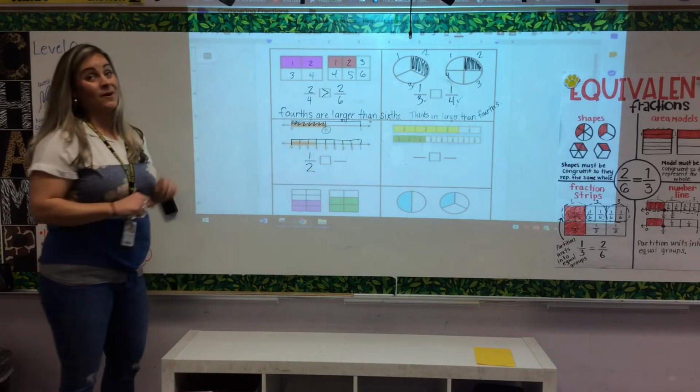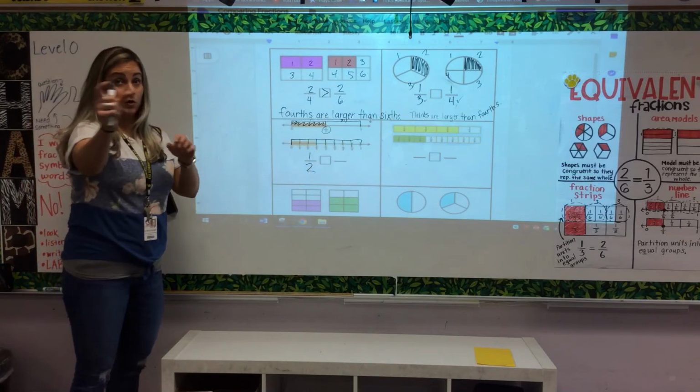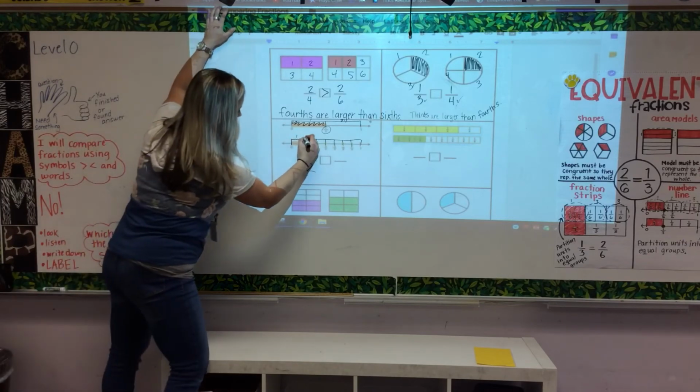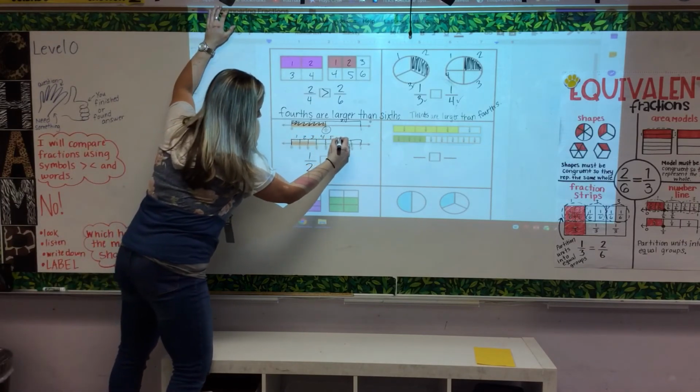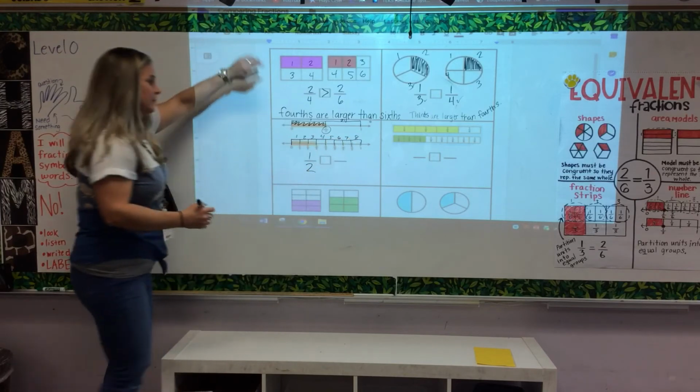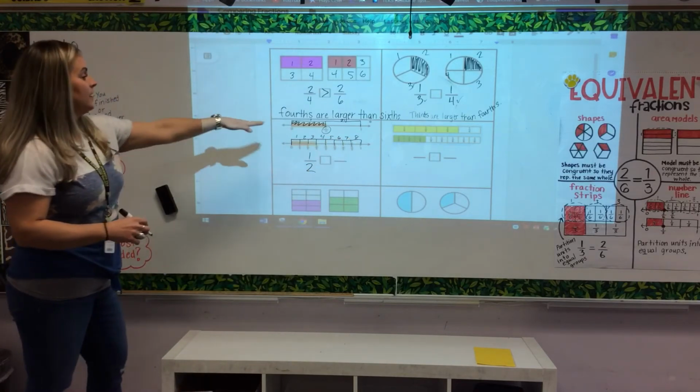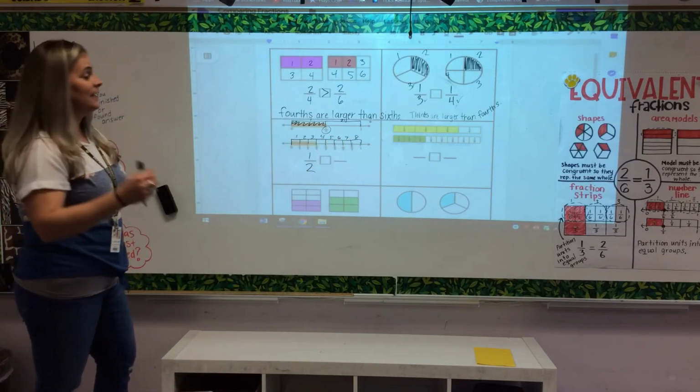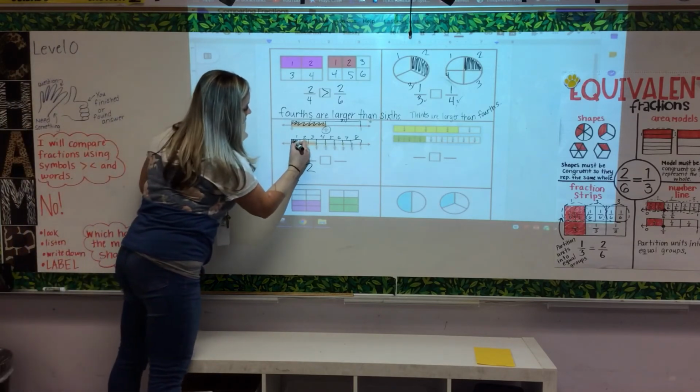So see, remember, the more we cut it up, the smaller the pieces are. Man, those eighths. Okay, so those eighths are way tiny, all right?